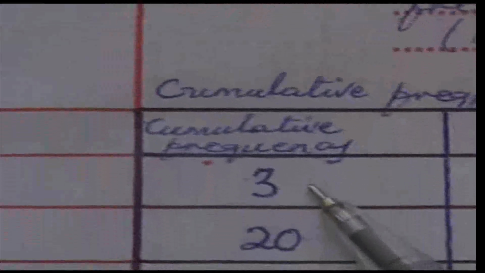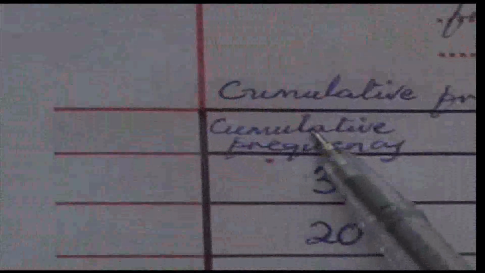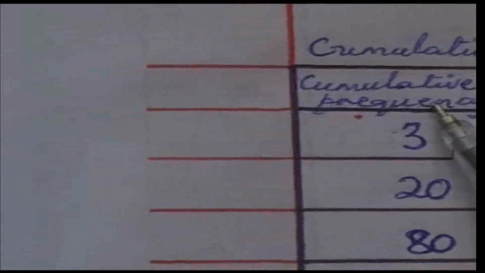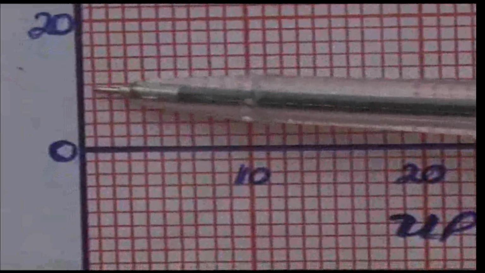We have 3 against 20.5. So come to your graph paper. This is the cumulative frequency axis, which represents the cumulative frequencies. So look for where you have 3. From here to here is 20, and we have 10 small squares.